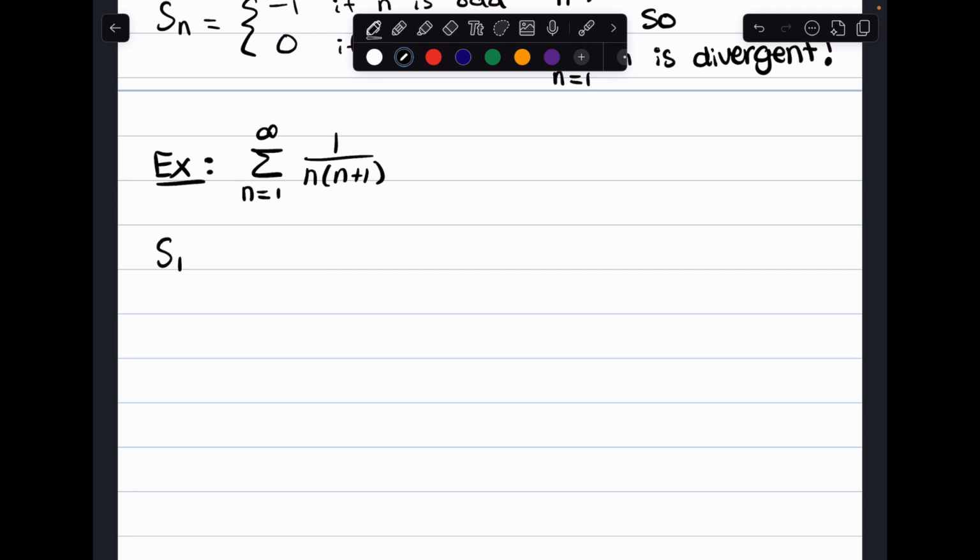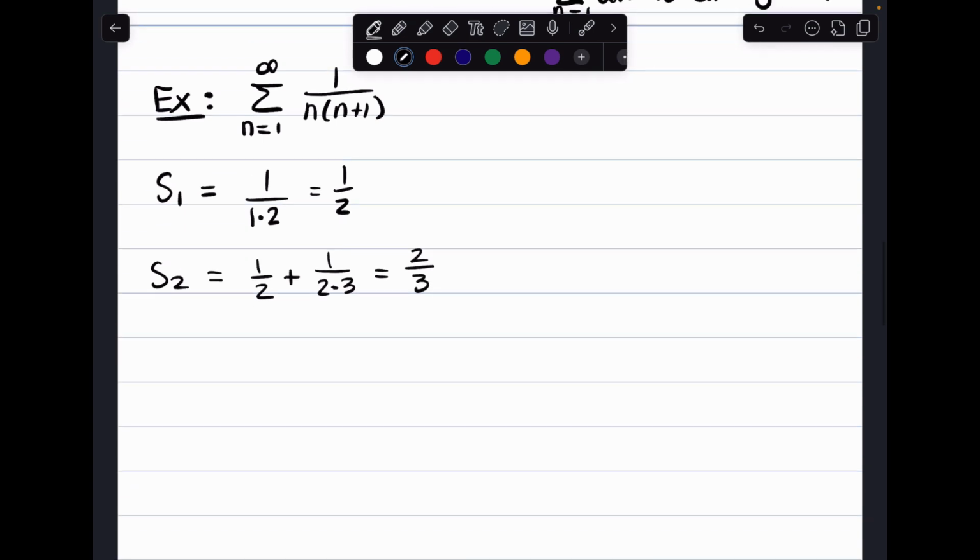So I'm going to look at S1 being 1 over 1 times 2, or 1/2. S sub 2 is going to be 1/2 plus 1 over 2 times 3, or 1/2 plus 1/6, which simplifies to 2/3.